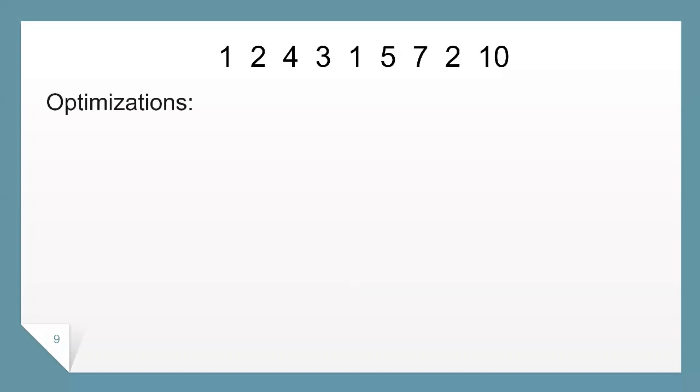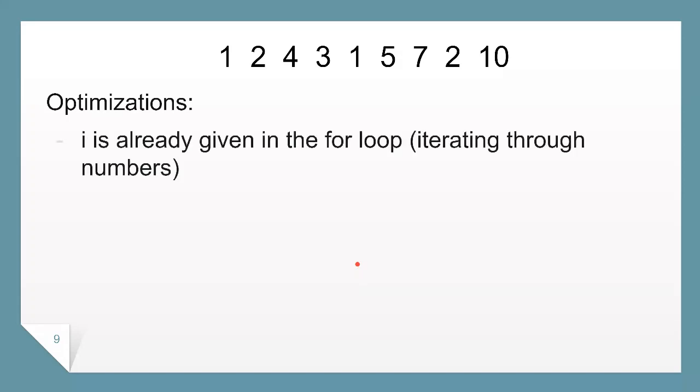Okay, so optimizations, because a 4D array, nothing against it, but it's a little bit cumbersome and not exactly easy to work with, and also is probably going to be very slow and run out of memory. So we're going to have to optimize this somehow.